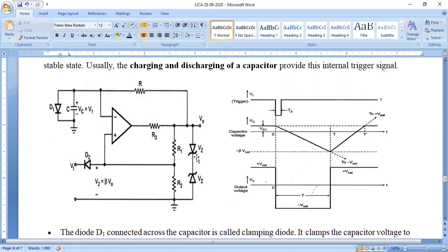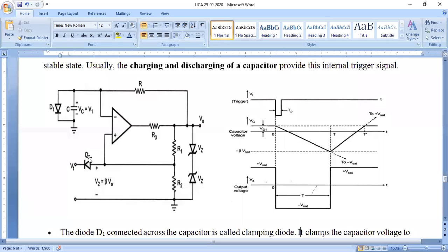With the help of the capacitor, the clamp diode and these Zener diodes, we are triggering a pulse, a particular negative pulse, and that pulse is applied across the terminals of VT. At VT, diode D2 is connected in reverse bias condition. Why is it connected in reverse bias?